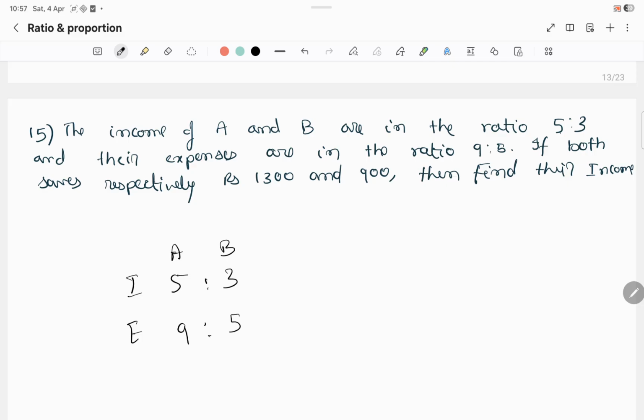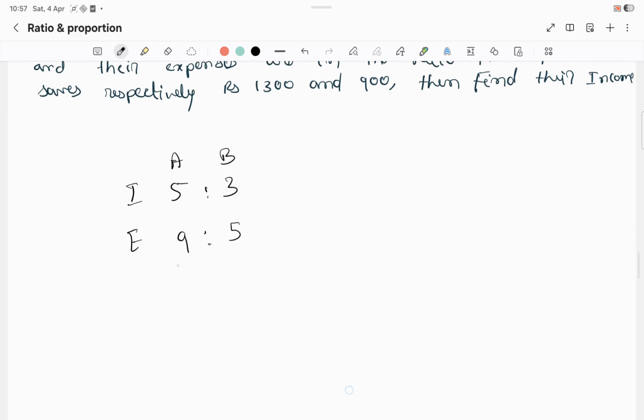So savings 1300 and 900. See, but this question is not like the previous question. If savings are same, we can do the same, but it is different.